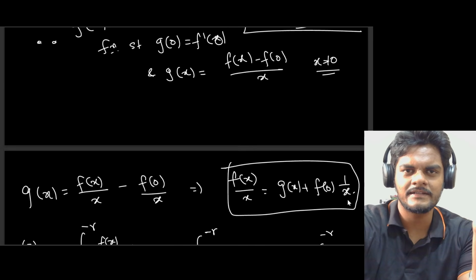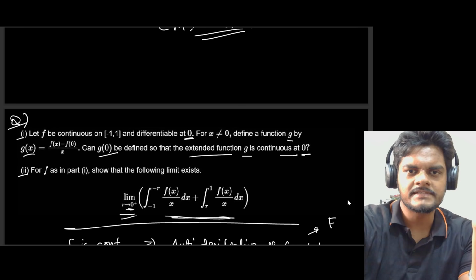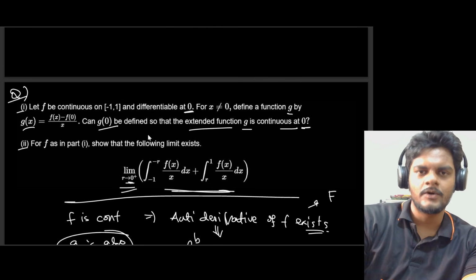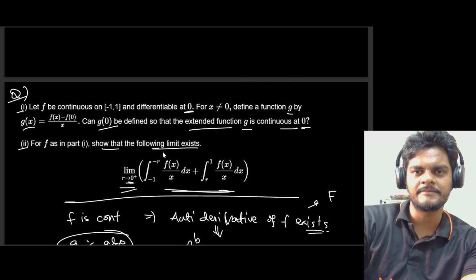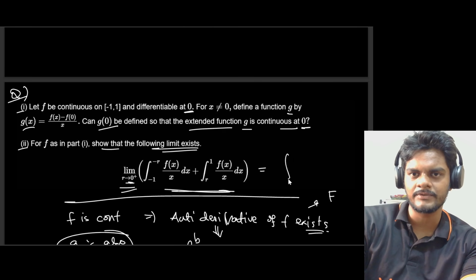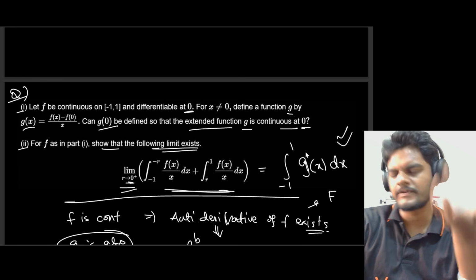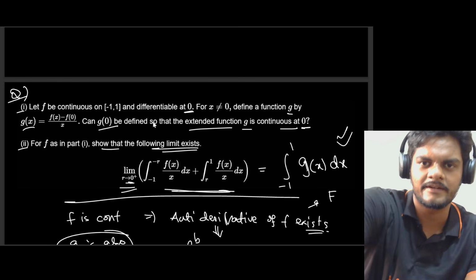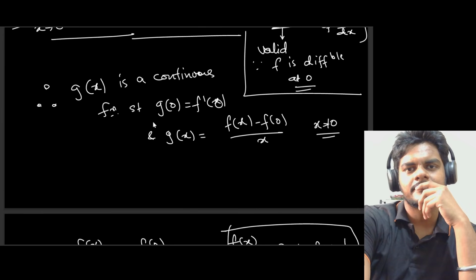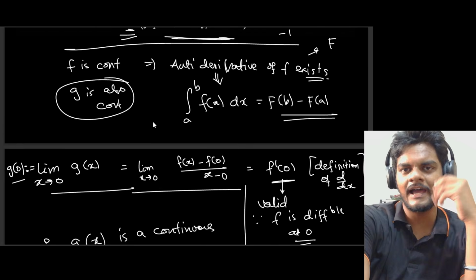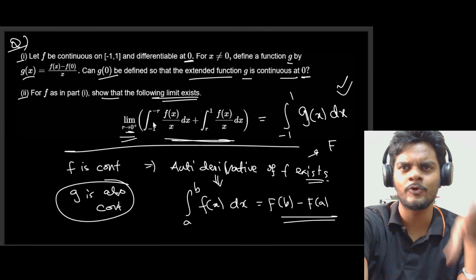You can only say that this limit exists. Oh, that's what we need to show. Show that this limit exists. Yes, it exists. This is equal to integral minus 1 to 1 g of x dx. It is a finite value because g is continuous and all that. All right. So I hope you understood the question and I hope you found it interesting.